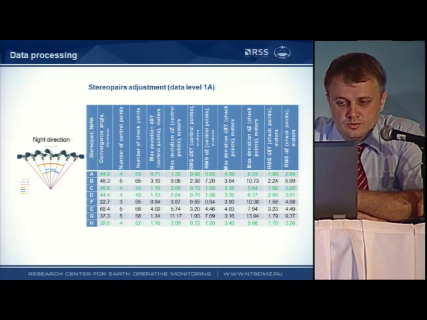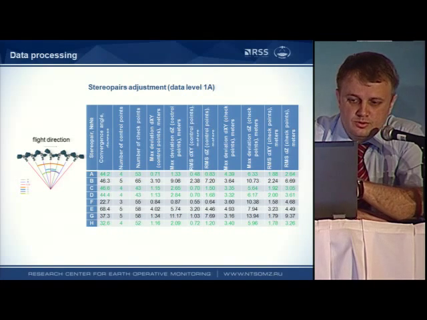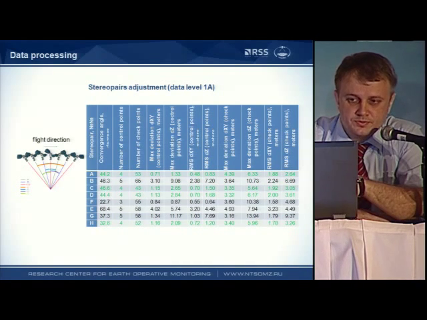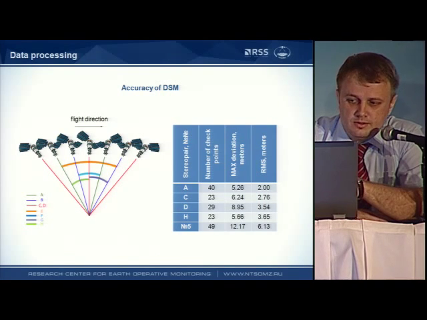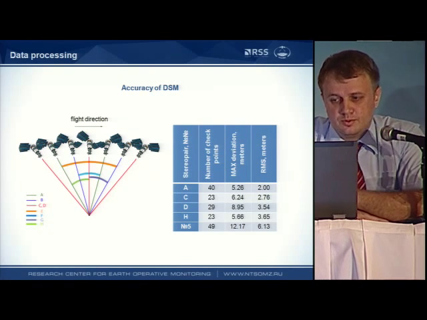As a result, if the equipment is stable during the imaging, we get a better result, and if there is some sort of vibration during the imaging, the result is not so good. So for the 4 stereo pairs, A, C, D and H, we had 4 3D models, and we assessed their accuracy.